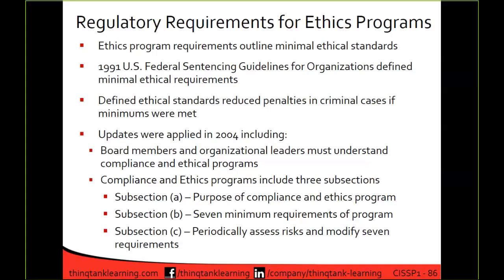All right? Board members and organizational leaders have to understand compliance and ethical programs. That was one of the components included in the update to these guidelines, the federal sentencing guidelines for organizations, meaning that, it's the old adage, right?